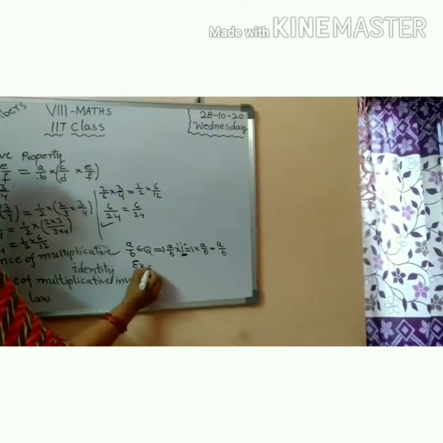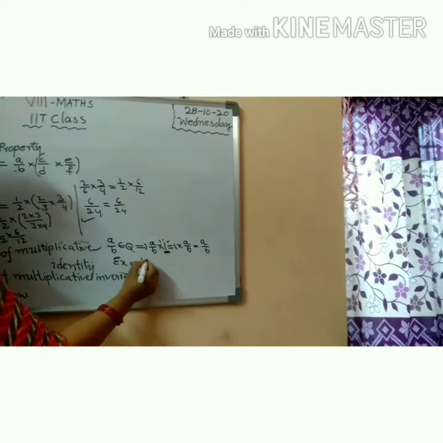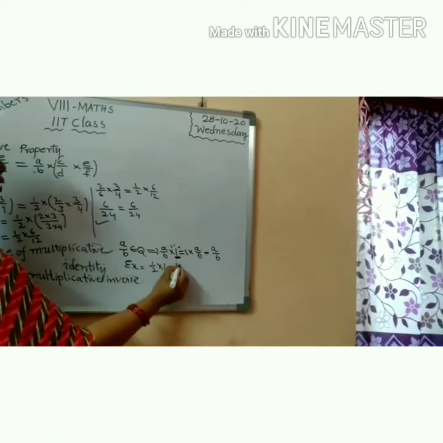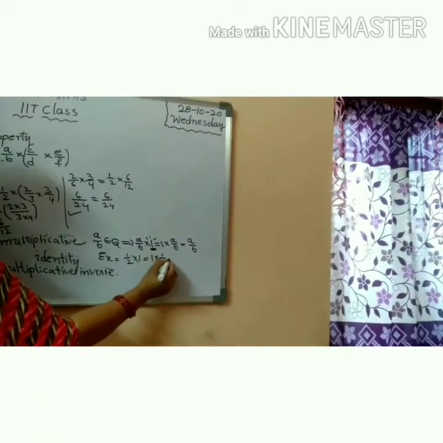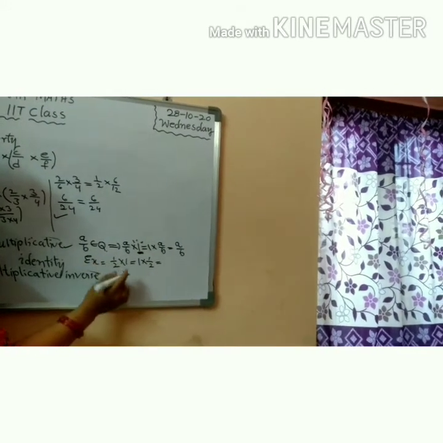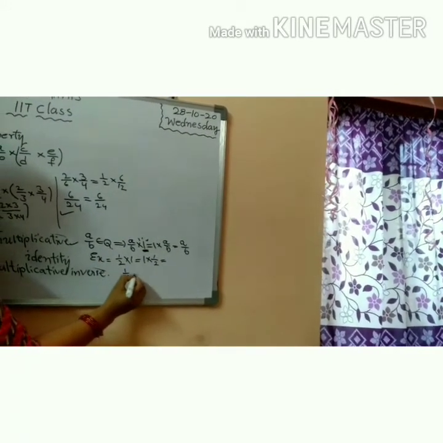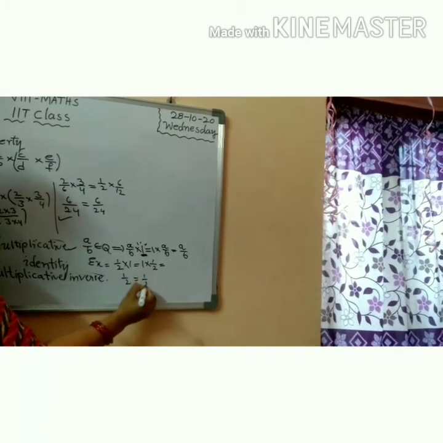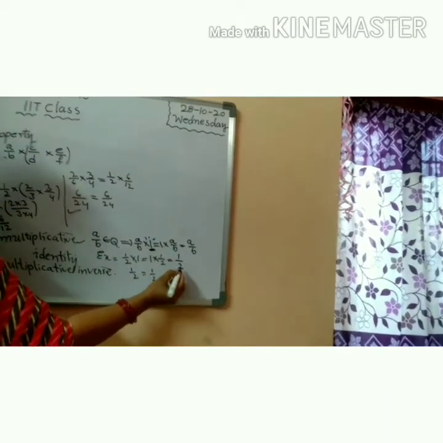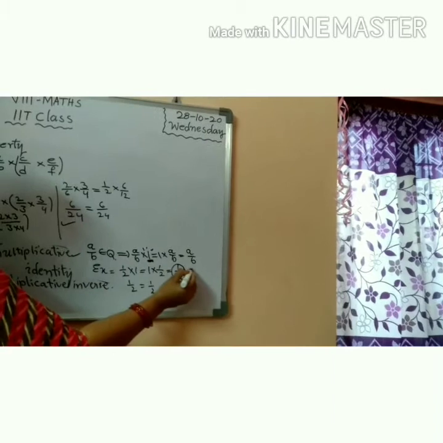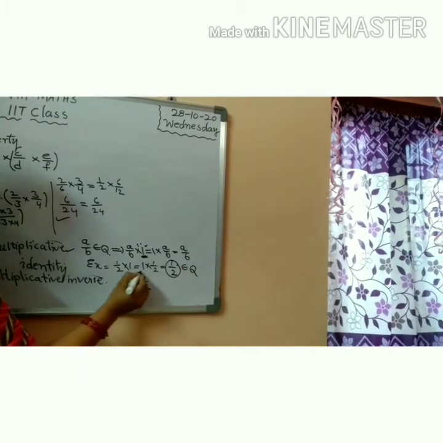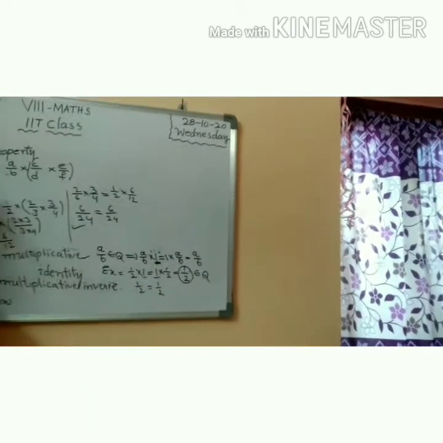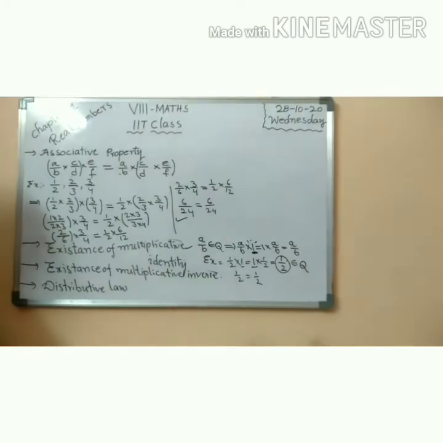For example, 1/2 × 1 is equal to 1 × 1/2 is equal to 1/2. So it belongs to rational numbers, and in this case 1 is called the multiplicative identity.